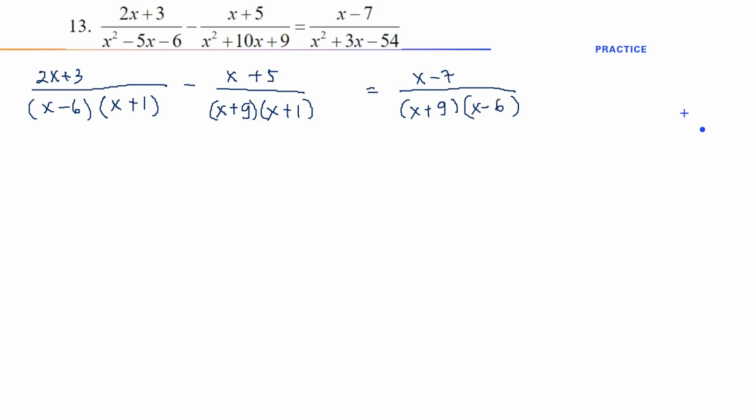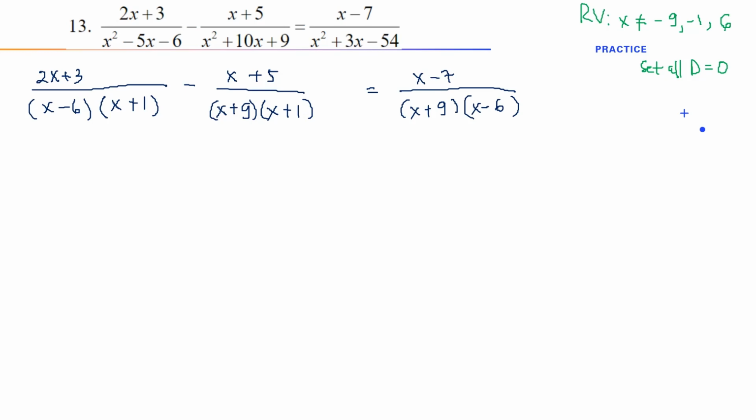Alright, the restricted value: x different from negative 9, negative 1, and 6. How we find those values? Set all denominators equal 0.